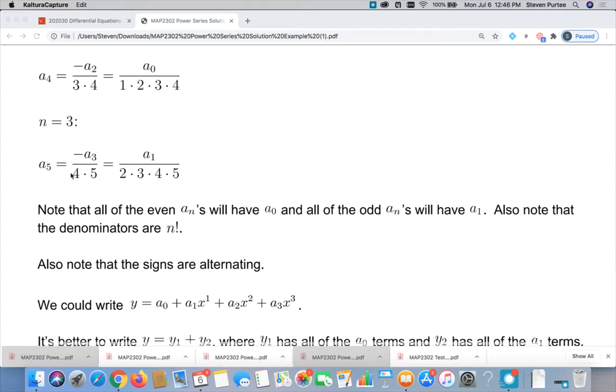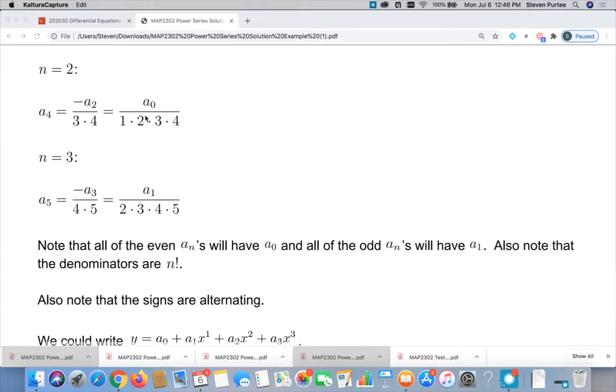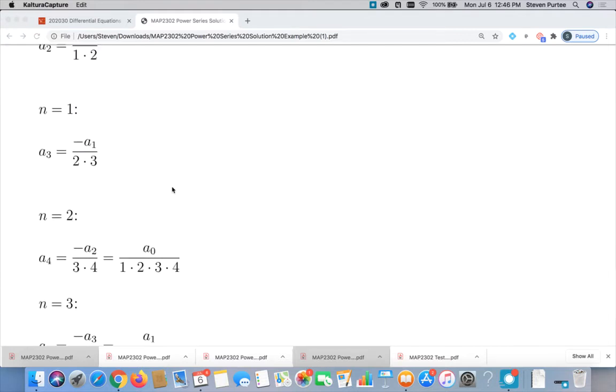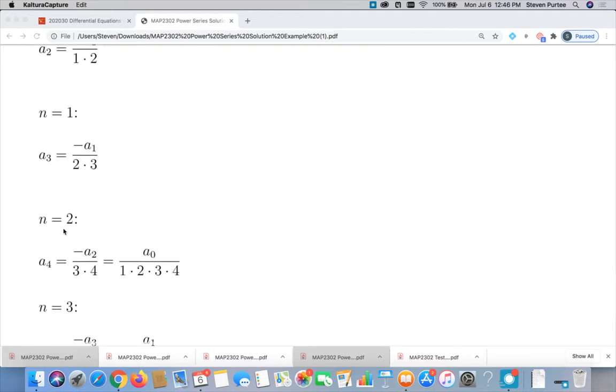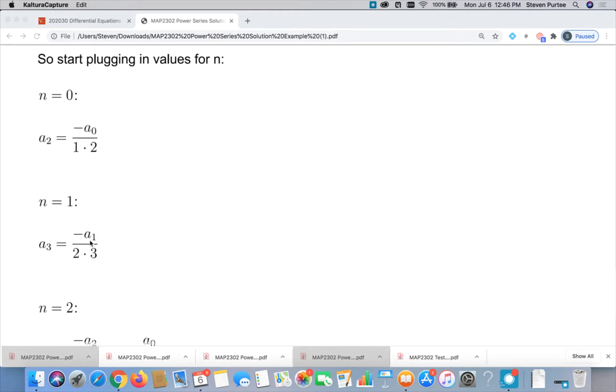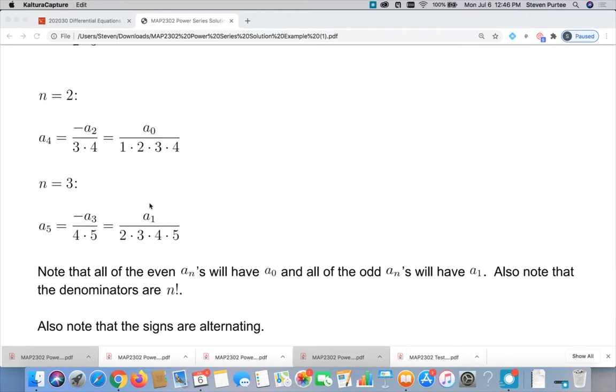And notice here the evens go back to a0, the odds go back to a1. Notice that we're alternating signs. So a2 is a negative a0, but a4 is a positive a0. a3 was a negative a1, but a5 is a positive a1.